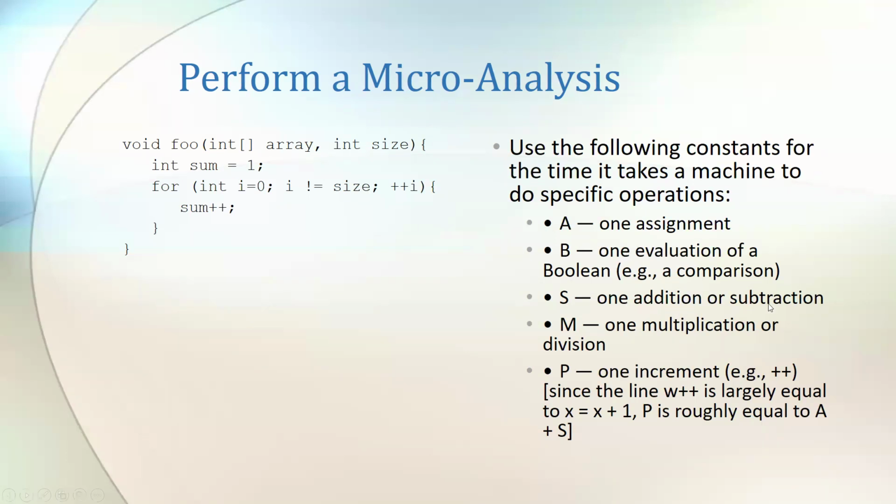S you put down for any addition or subtraction we have in here, M if we have any multiplications, and P for an increment, which is roughly A plus S, because increment, that's like i plus plus or plus plus i. It is equal to addition, meaning S, plus an assignment, you put it back into the i, for instance. Okay, so let's do a microanalysis on this piece of code here.